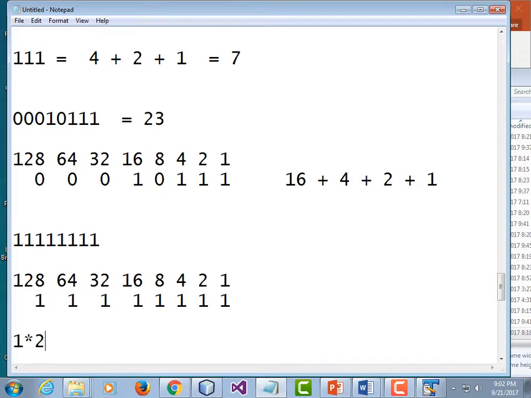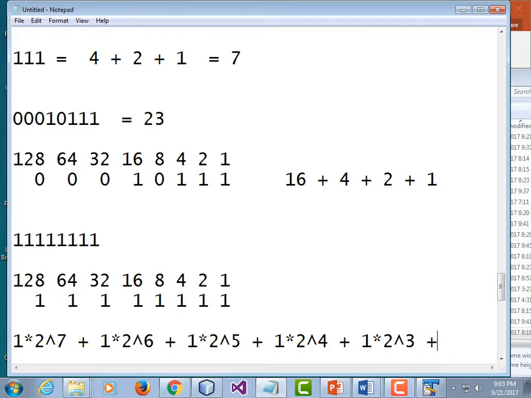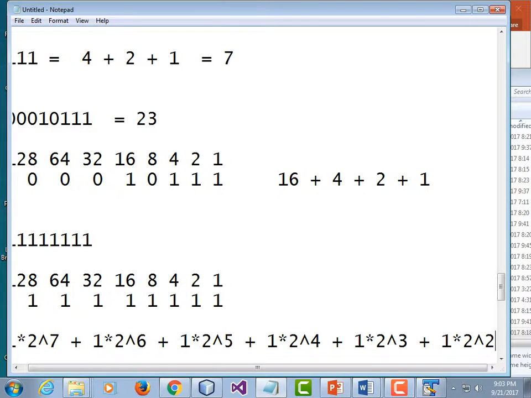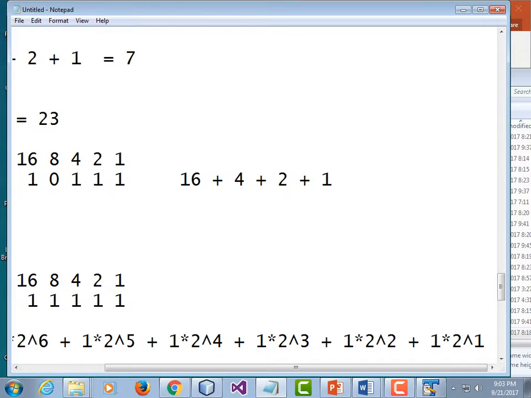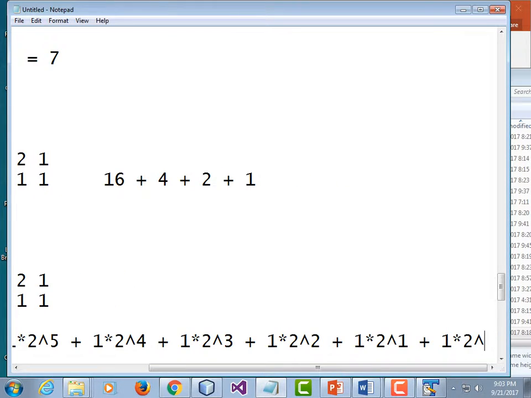That's 1 times 2 to the power of 8 plus, excuse me, to the 7th, because we're going to go all the way down to 0, plus 2 to the 6, plus 2 to the 5, plus 2 to the 4, plus 2 to the 3, plus 2 to the 2, plus, and this will be the last time I ever do this, this class, plus 2 to the 0.